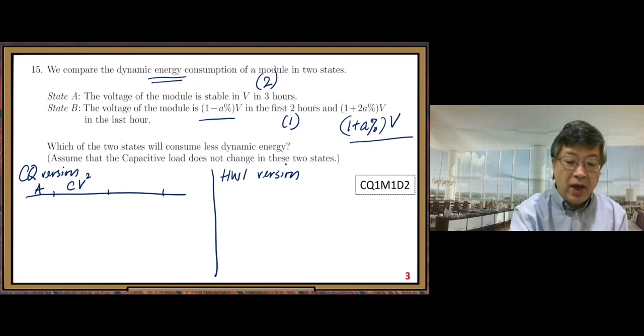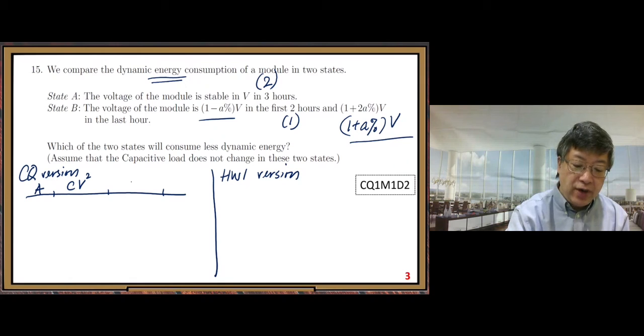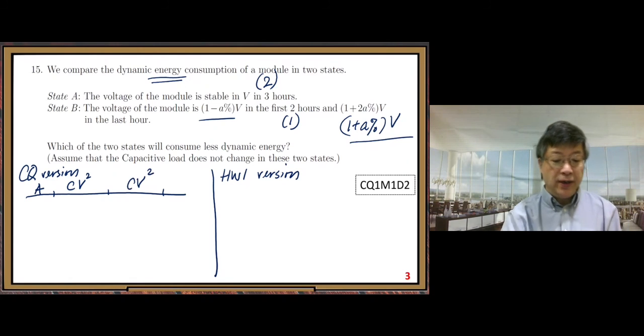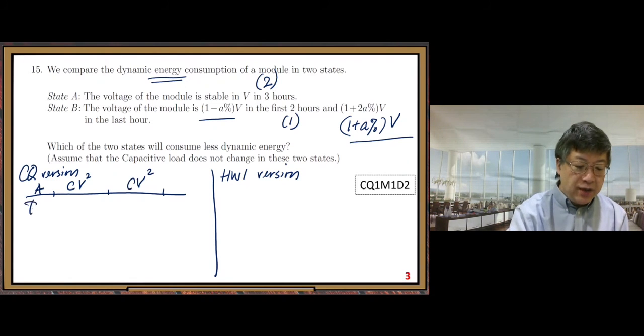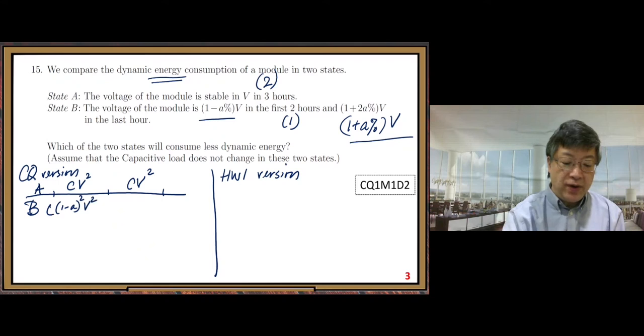So this is the dynamic energy version. So CV square. First CV square, second CV square. So the B state, the first hour, 1 minus A square (let me skip the percent sign), C, V square. Second hour, also C, 1 plus A square, V square.